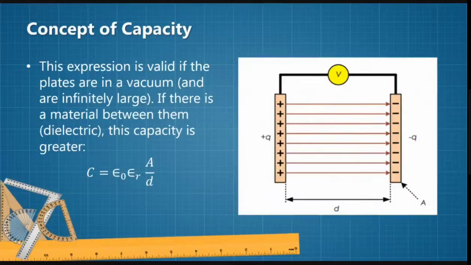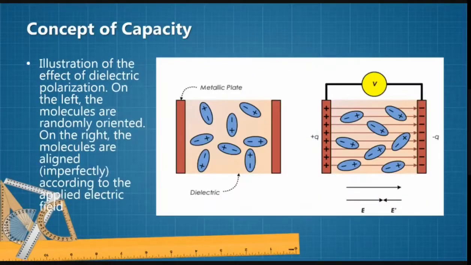If there is a material between them, or the dielectric, the capacity is greater. So we can compute it as C equals epsilon null times epsilon r times A divided by D. The constant epsilon r is the relative dielectric constant, relative to vacuum, of the material between the capacitor plates.